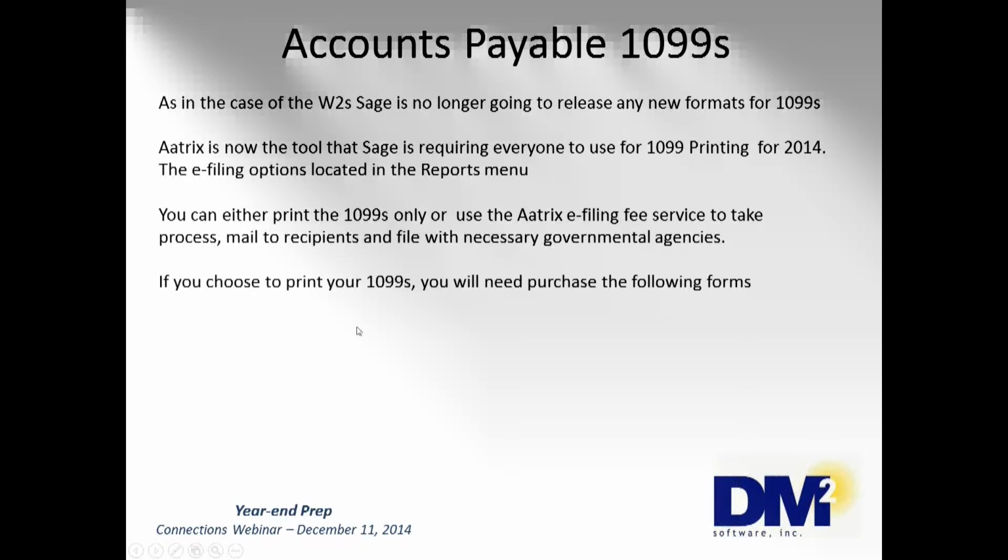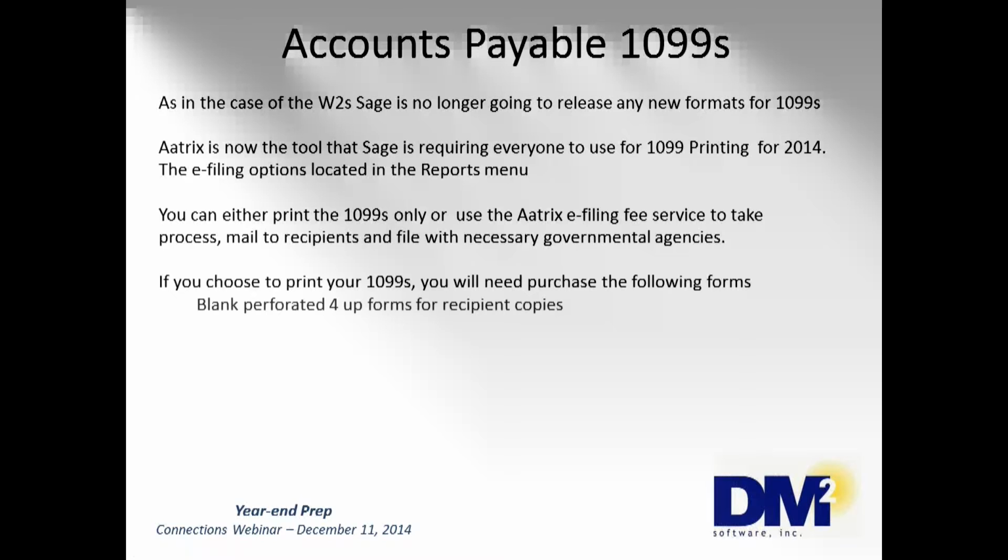So if you choose to print your 1099s, you're going to have to purchase the following forms. Again, these are blank perforated forms for recipient copies. And I just want to let you know, in the W-2s, the forms have the writing on the back, and they don't have it for 1099s. You can get those blank perforated forms at most office copy places, but you will need to print out instructions.